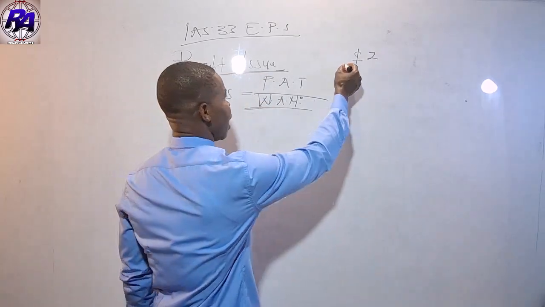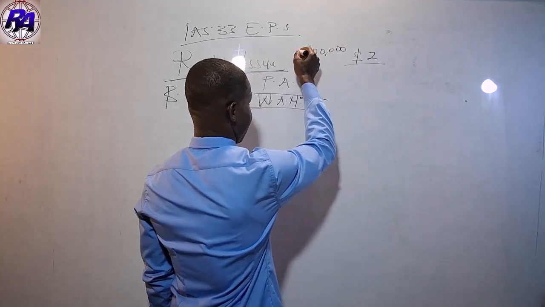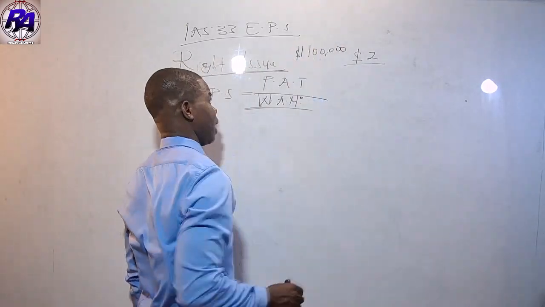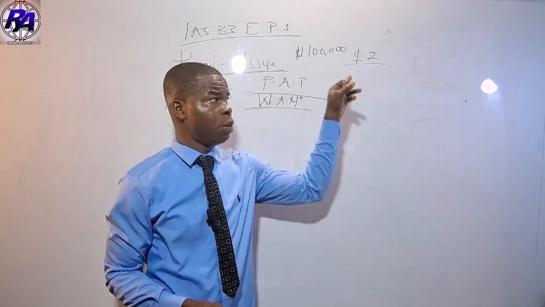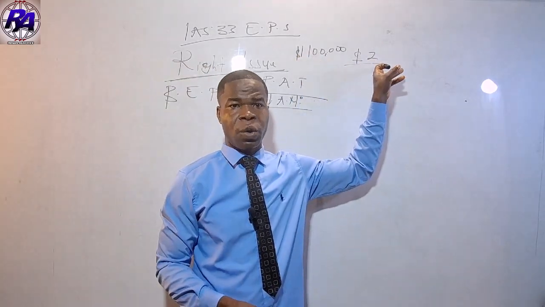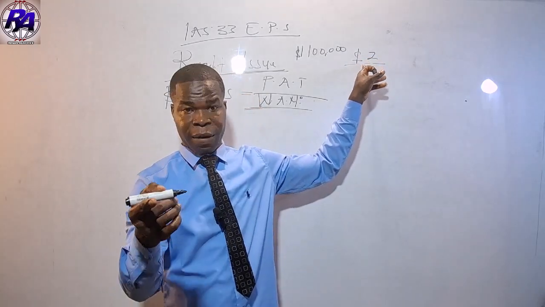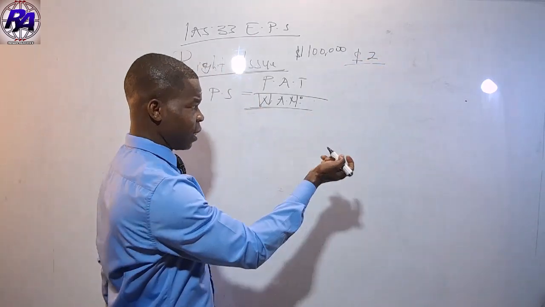So they are capitalized with maybe 100,000 shares, which were issued at $1. That means this becomes the nominal price. Here we are focusing on the market price, the fair value. Now there's a right issue.